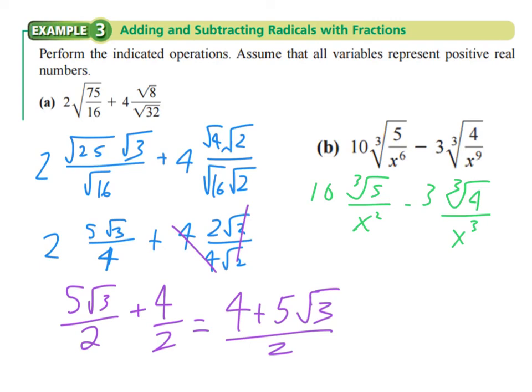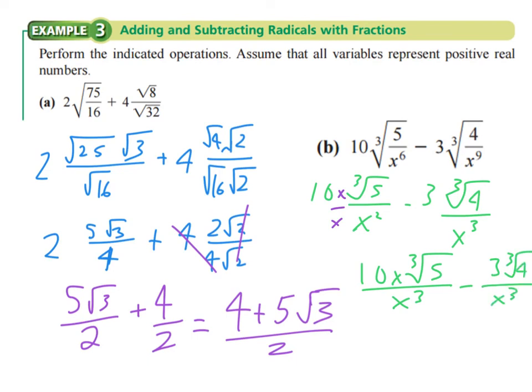Now if we're going to actually combine these, we need a common denominator. The LCD would be x cubed, so this one would need an x in both the numerator and denominator. That gives us a numerator there of 10x in the cube root of 5 over x cubed minus 3 cube roots of 4 over x cubed.